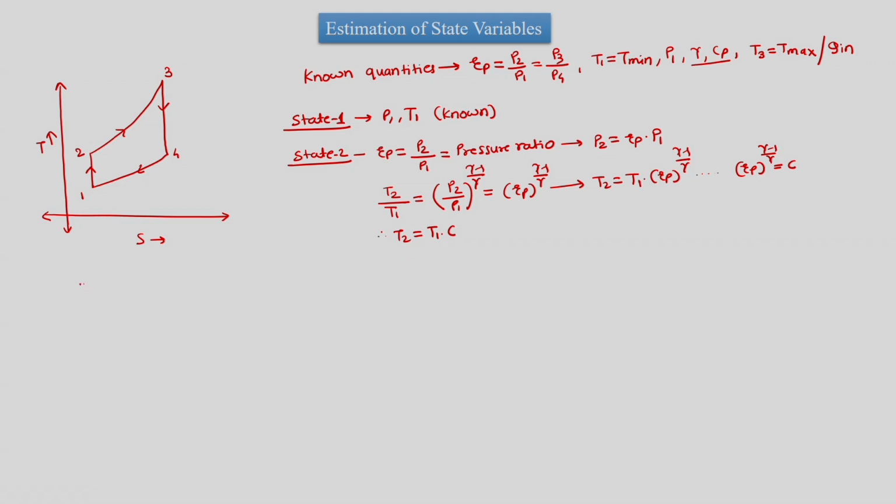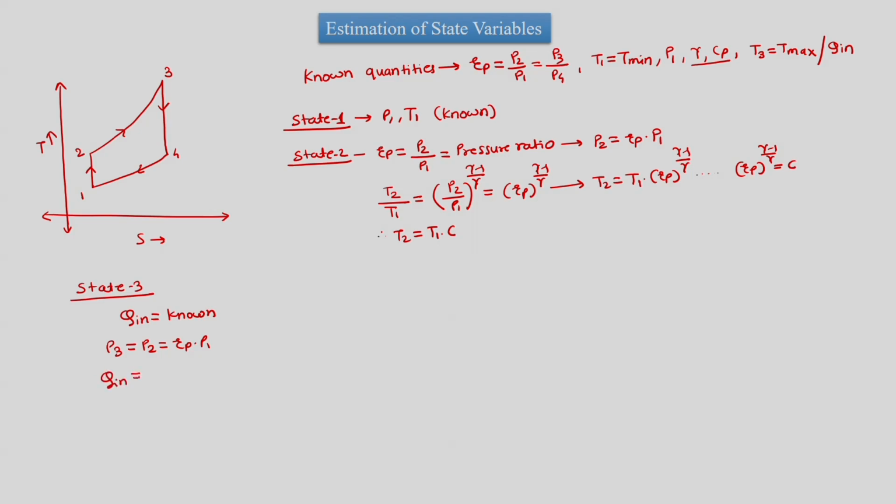Then let us move to state 3. In the state 3, let us assume that we know Q in. So let us assume that Q in is known. For state 3, P3 is equal to P2 is equal to Rp into P1. So P3 can be evaluated.